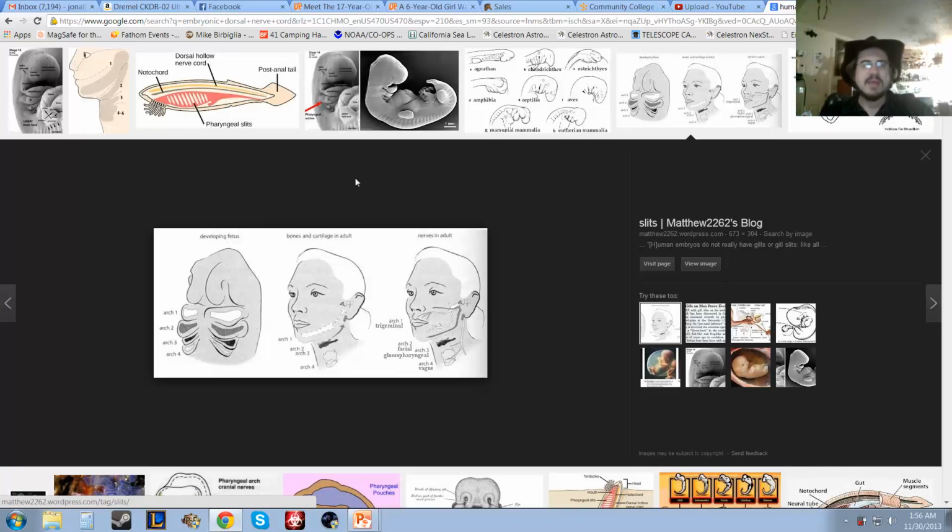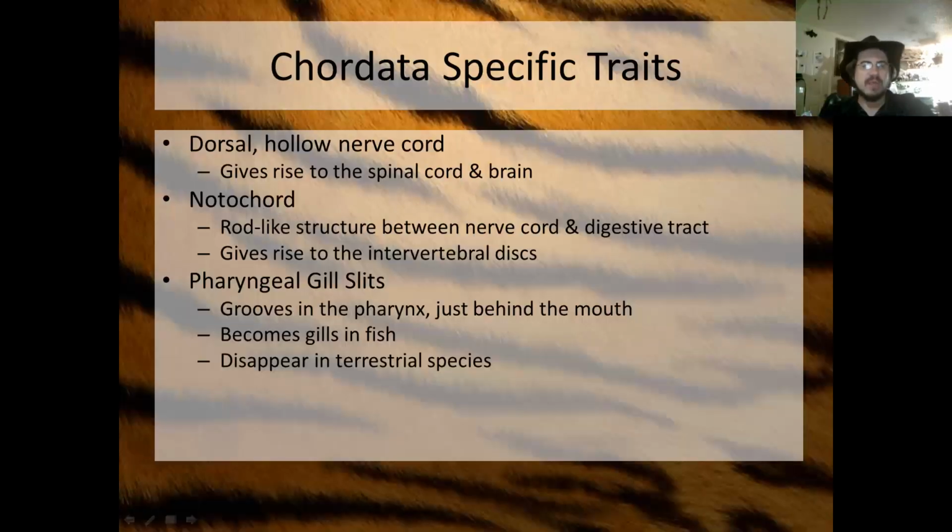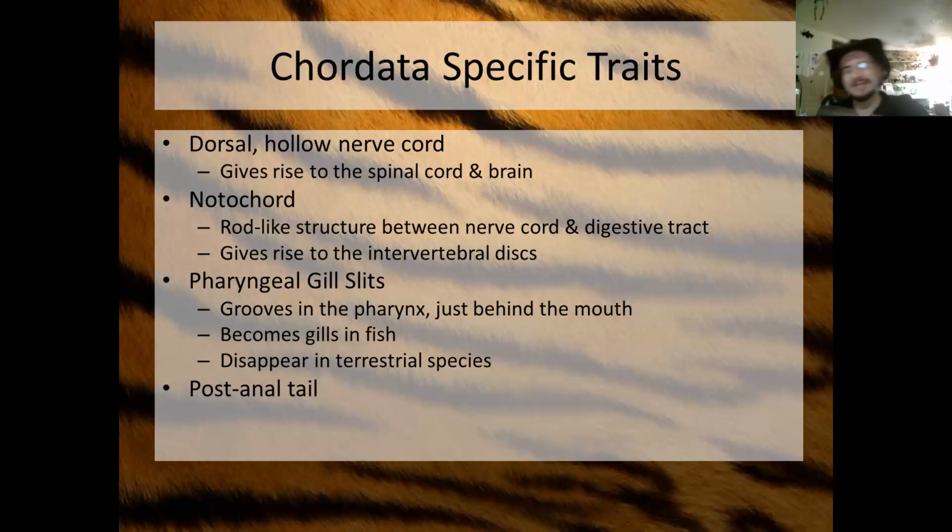But again, you just have to know that all chordates have pharyngeal gill slits at some point. And then all chordates have a post-anal tail. That means that they have a tail that extends past the anus. Up until now, the tip of the tail of an organism was the site of its anus. But in chordates, the tail goes past the anus.